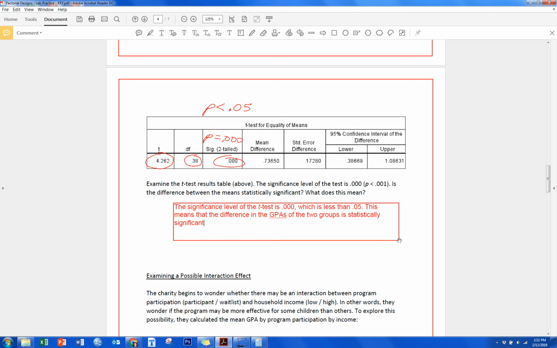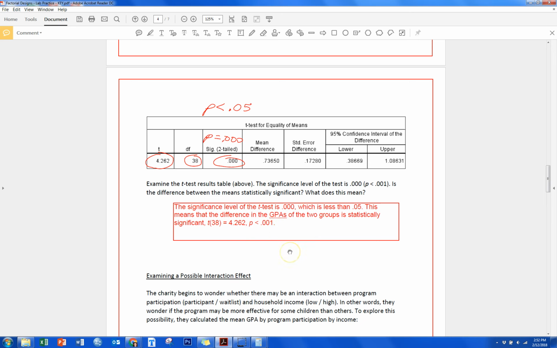If we want to report this using APA conventions, we'd put a comma there at the end of our sentence, t in italics, degrees of freedom is 38, space equals space, 4.262, comma, p in italics is less than 0.001. There we go. So this would be the next highest cutoff point, 0.001.